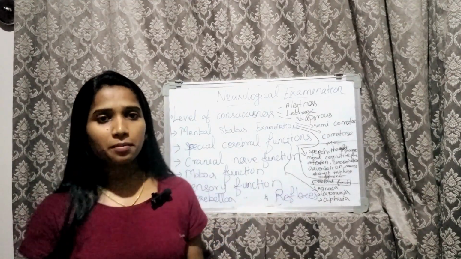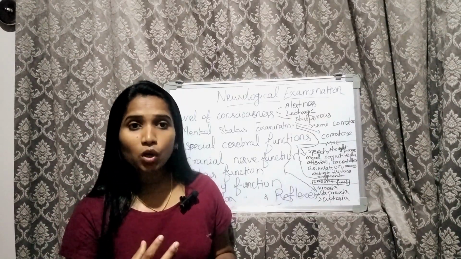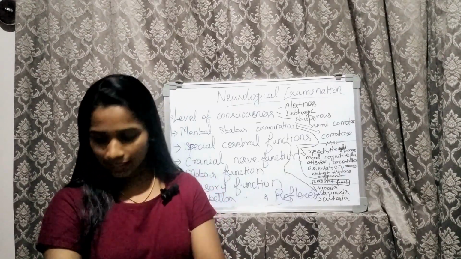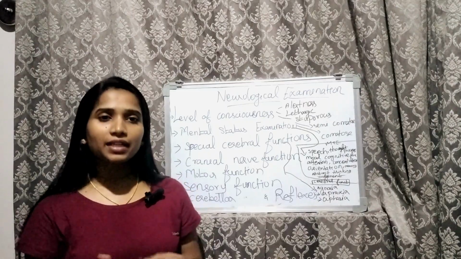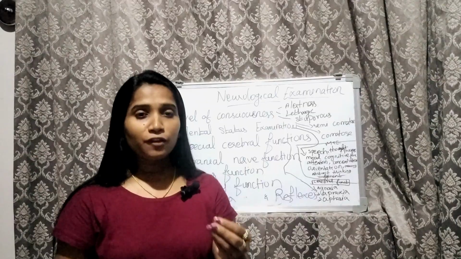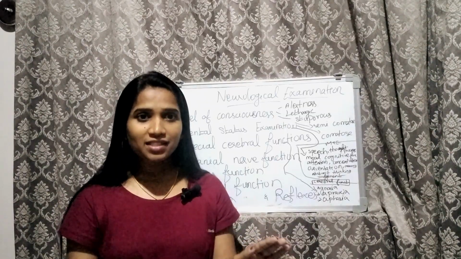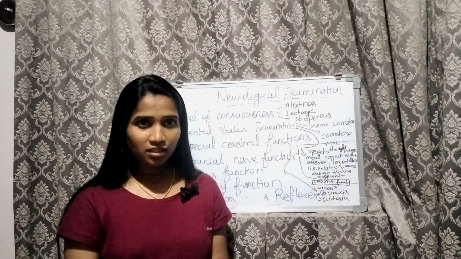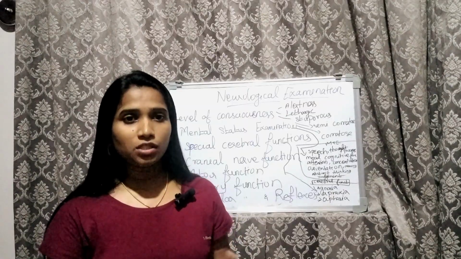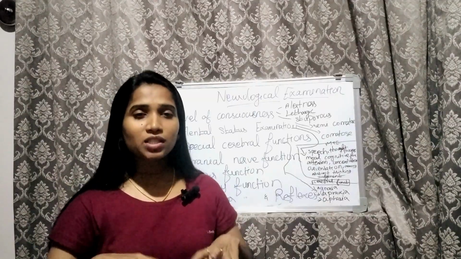Agnosia means the person cannot recognize a common object through sense. Do you understand? If you are showing a pen to the person, they can't answer, though it's a common object, due to a deficit of sense ability, which means they have a loss of sensation.